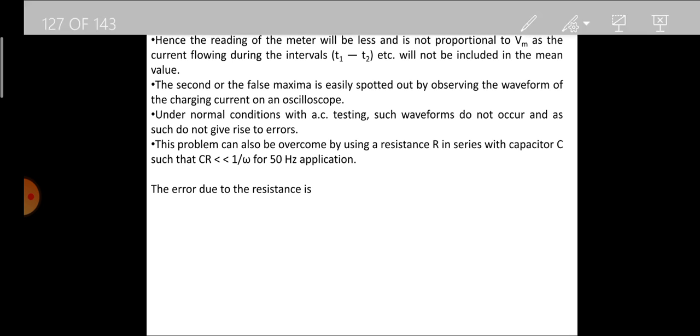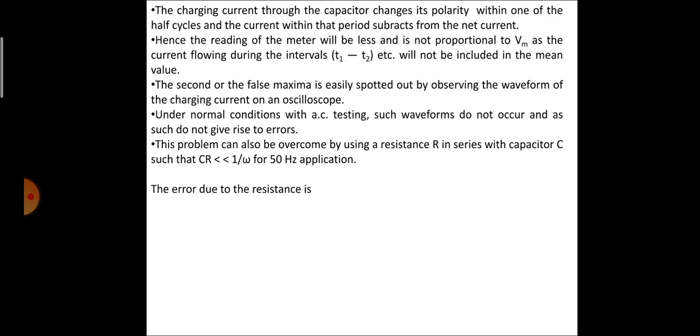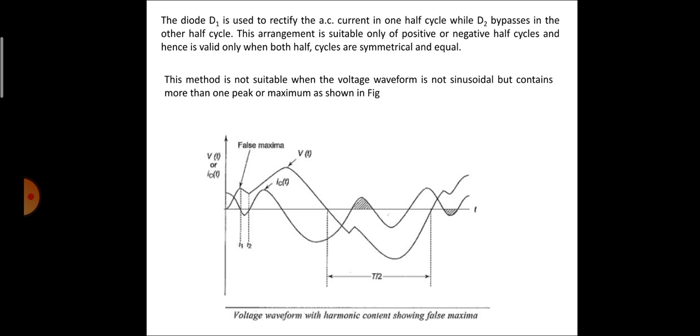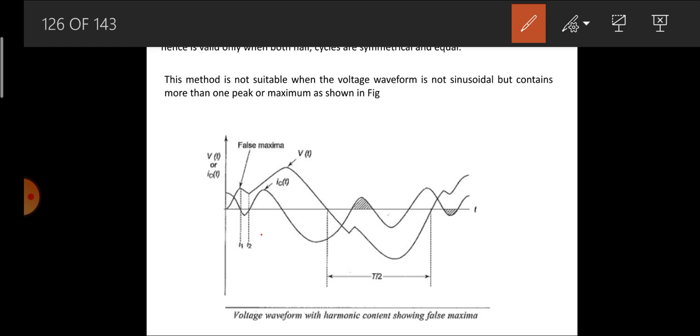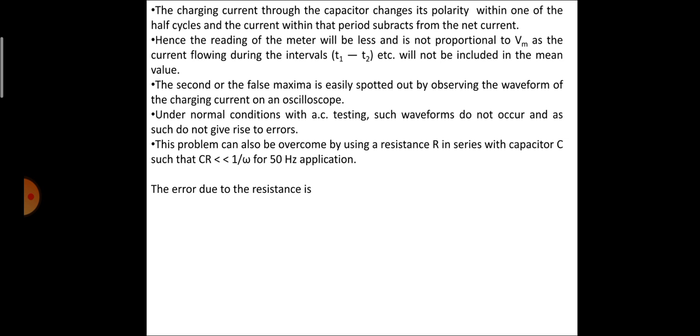Hence the reading of the meter will be less and not proportional to Vm, as the current flowing during the intervals T1 minus T2 etc. will not be included in the mean value.